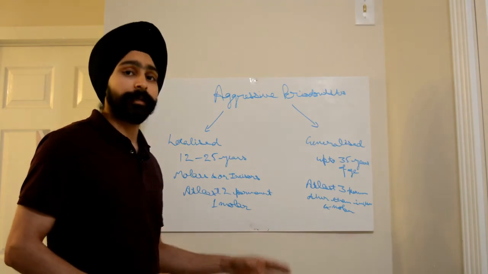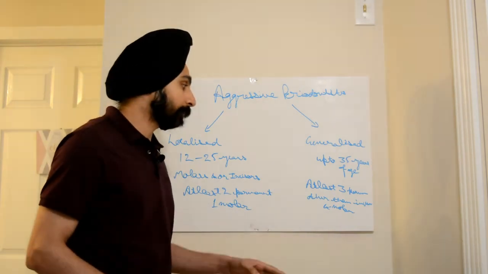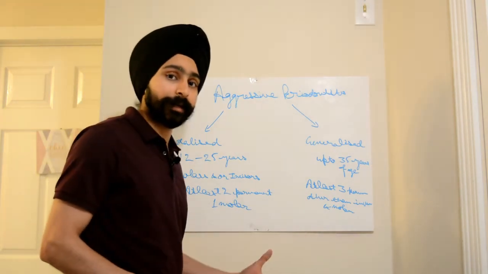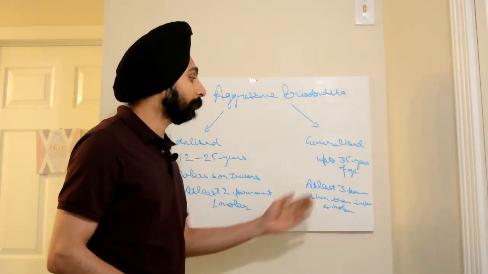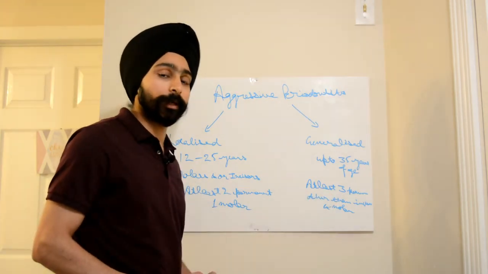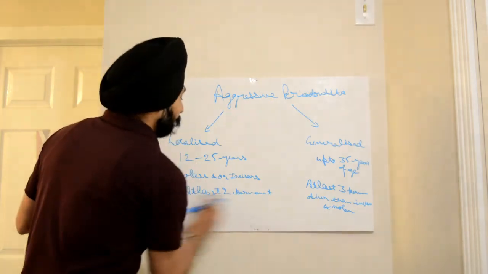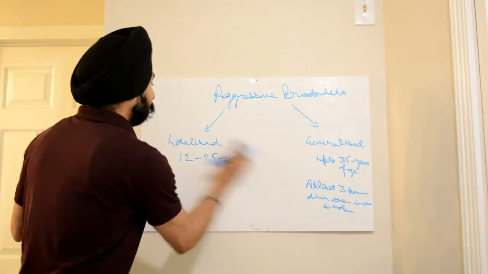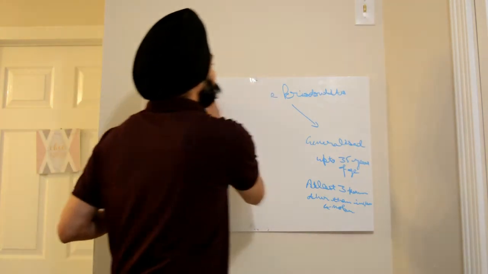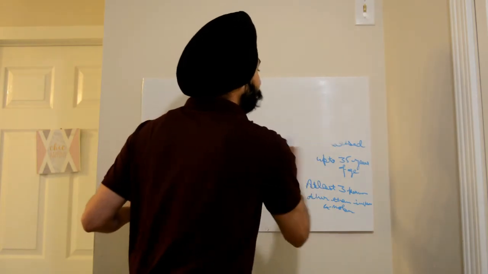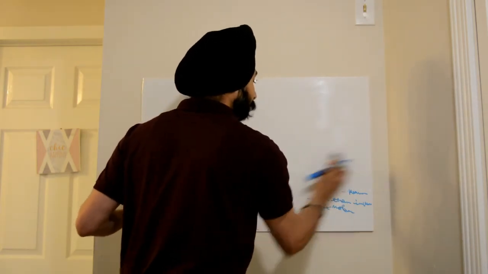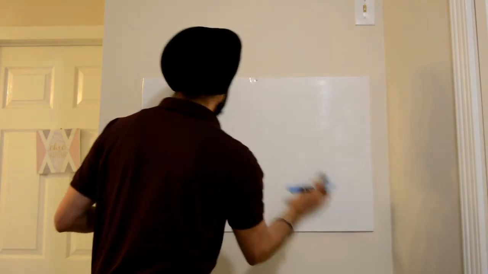Here, other than incisors and molars that are already affected, at least 3 other permanent teeth need to be involved. So let's make it clear with the help of a perio chart. In fact, I will write a history for you that will help you to understand this lesion more clearly.